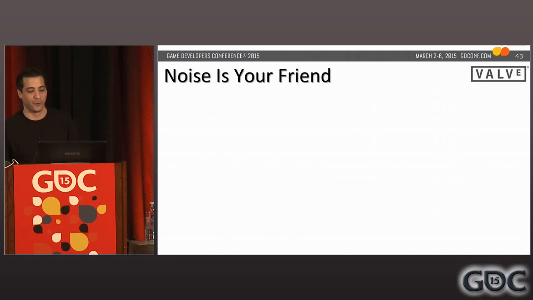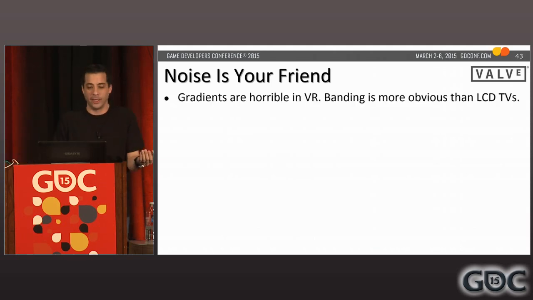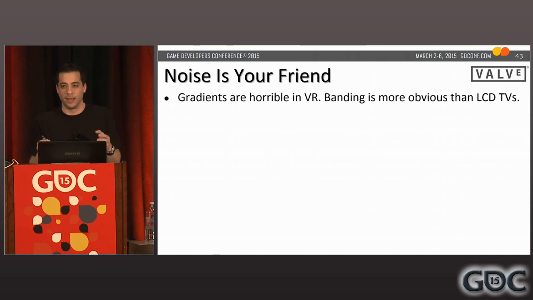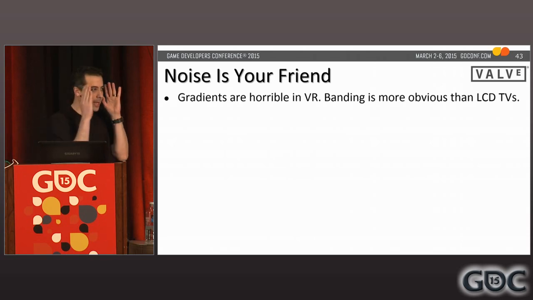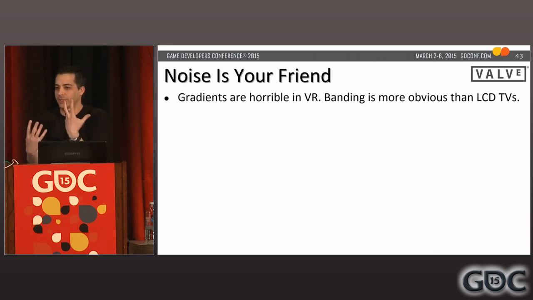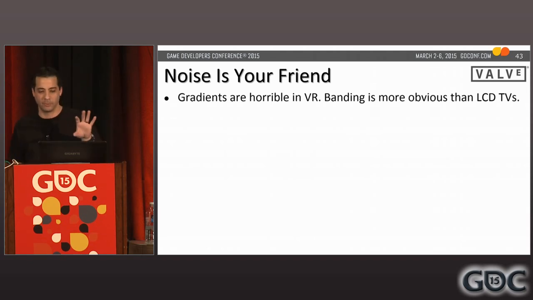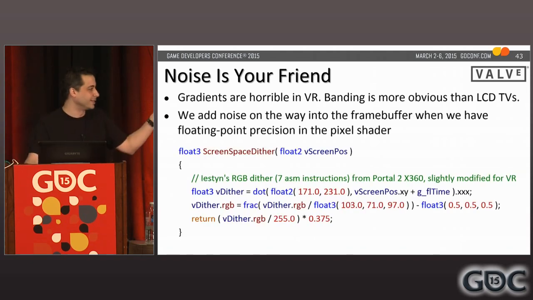Noise. Noise is your friend in VR. You absolutely love noise. Noise should be added to every pixel. Gradients are horrible in VR. We have good displays, but they're 8-bit pixels, and as you're looking around in VR, because you're light locked out and fully tracked, your brain buys into being there, and gradients just pop. You can see gradients worse than anything. Banding is horrible, so we add noise. We've been using this trick since Portal 2 on the Xbox 360.